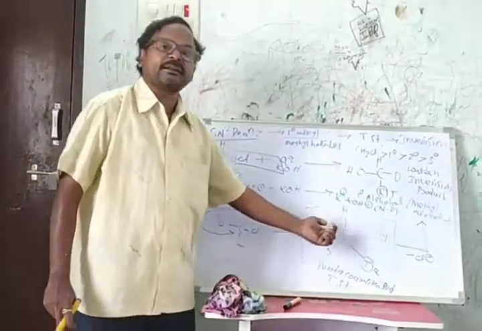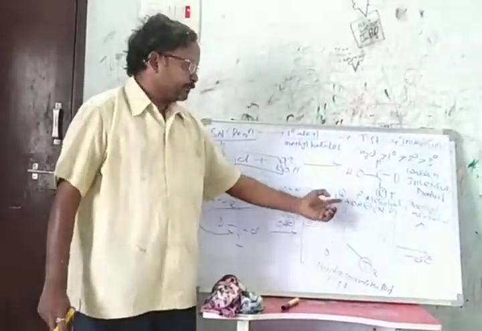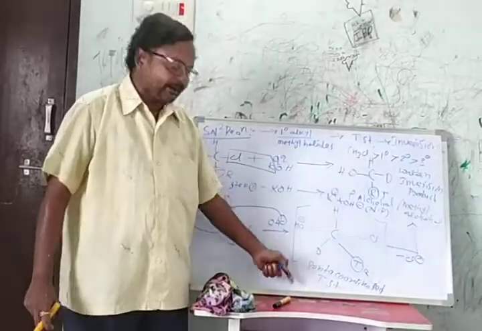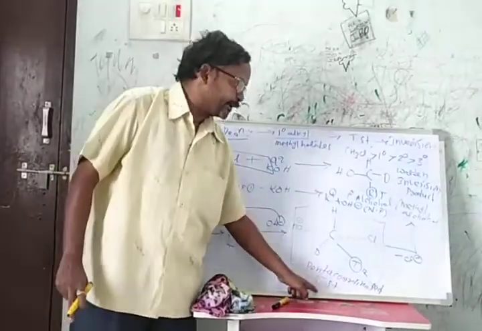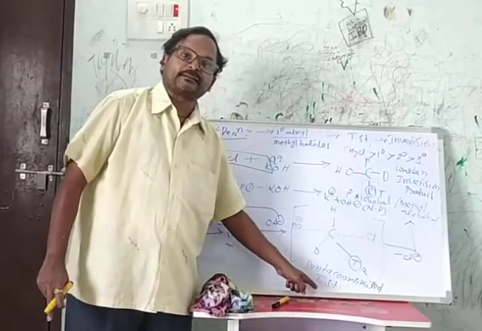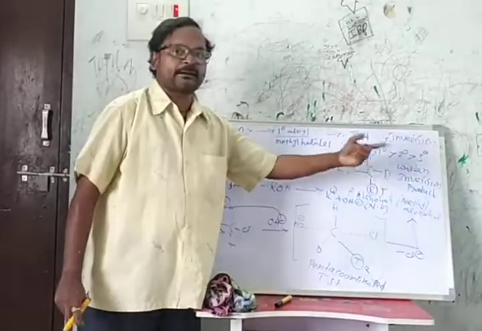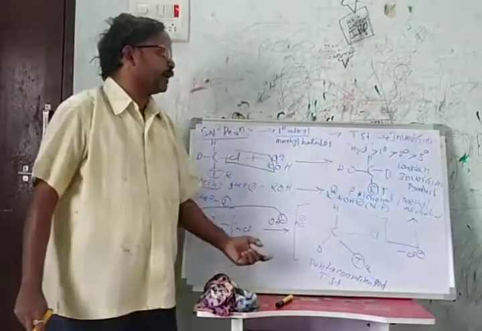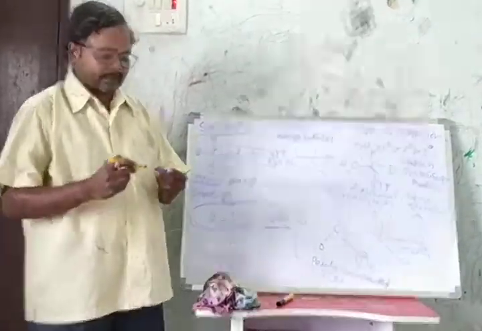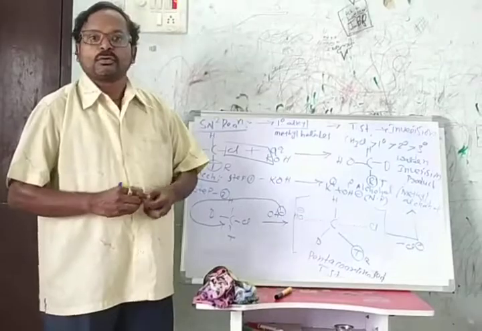So here we get the pentacoordinated transition state. This unstable transition state releases Cl minus and forms the inversion product. This is about the SN2 reaction.